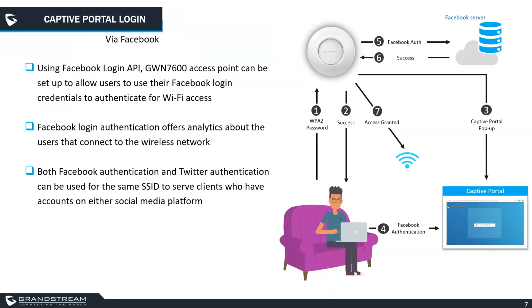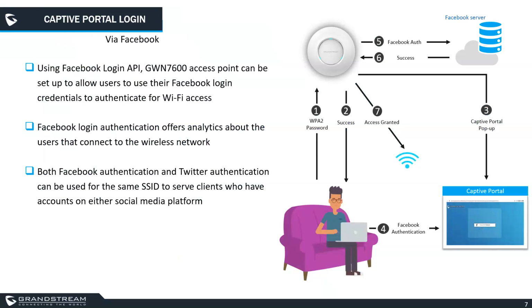We're going to see anyway how you can make that configuration on the GWN during the live demo. Facebook Login also provides a nice option, which is analytics. If you go to Facebook Analytics, you can have access to all the devices that try to access your Wi-Fi network through Facebook authentication.